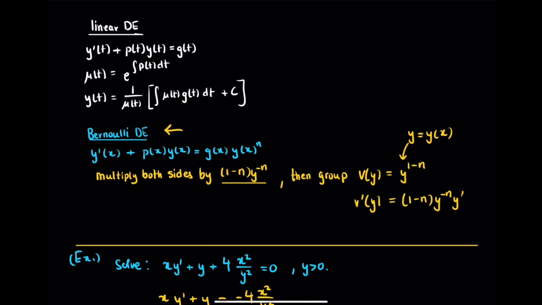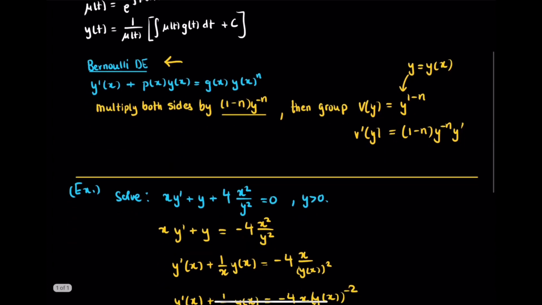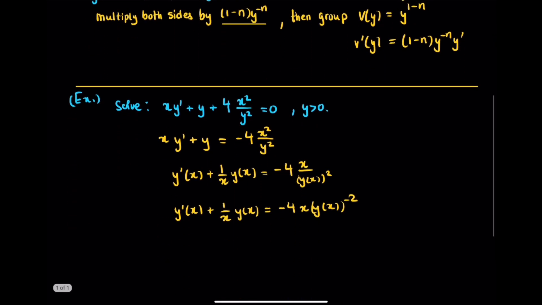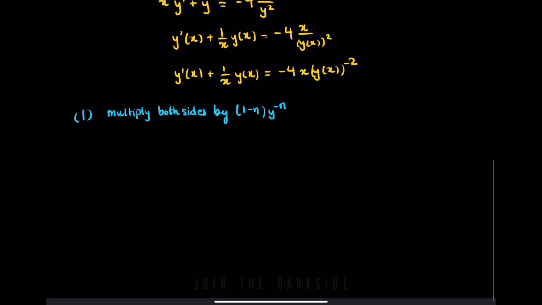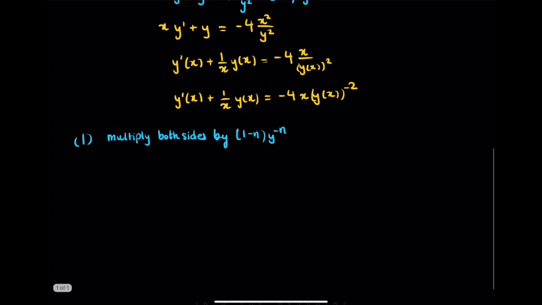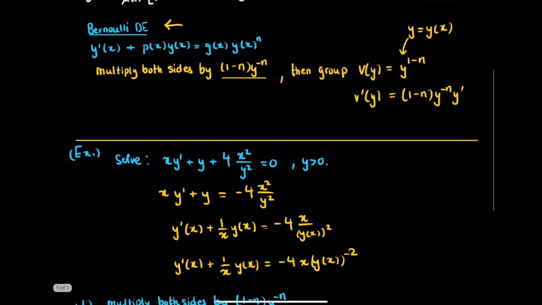So step 1, multiply both sides by 1 minus n y to the minus n. So that means that our n, based on the equation, was whatever the exponent up here was, right?